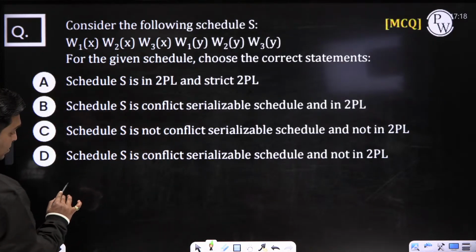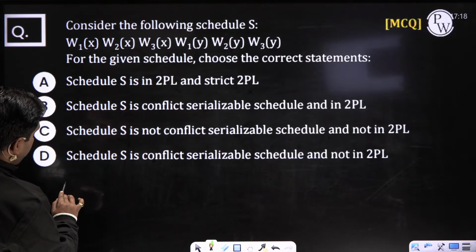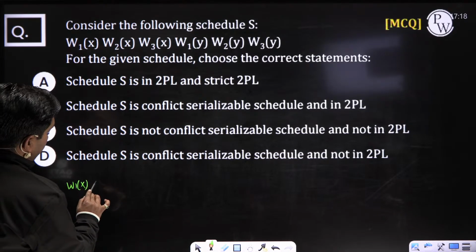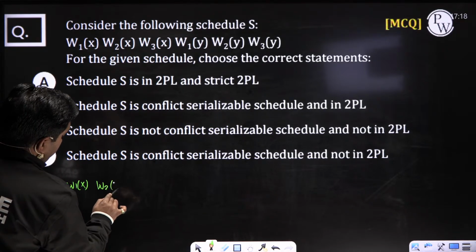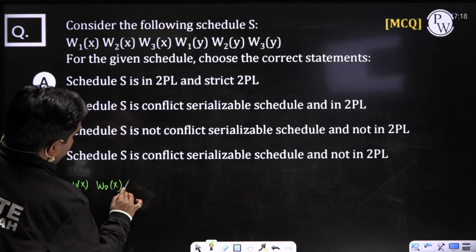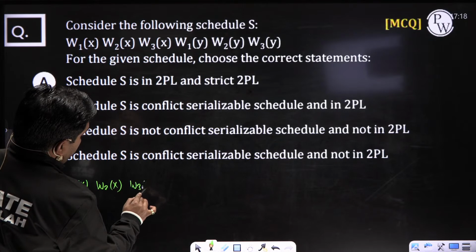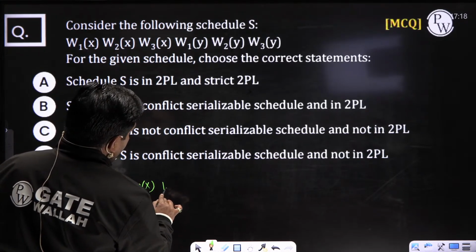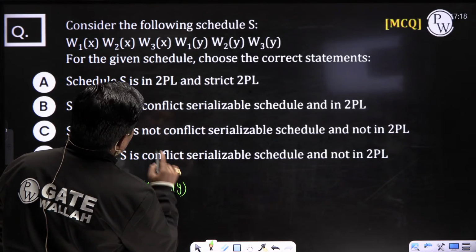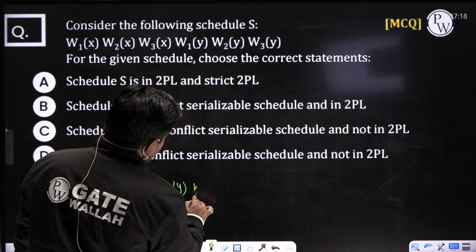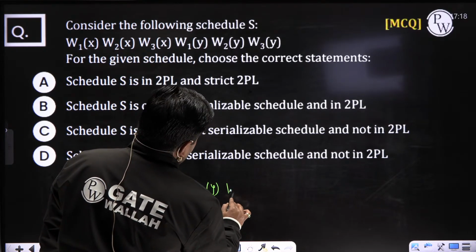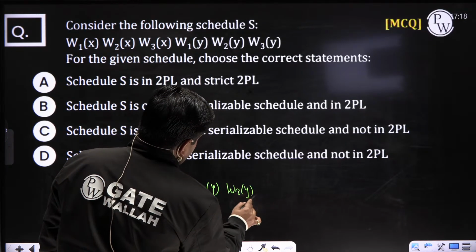We are writing here each and every data. W1x, W2x, W3x, 1, 2, 3, W1y, W2y, W3y.